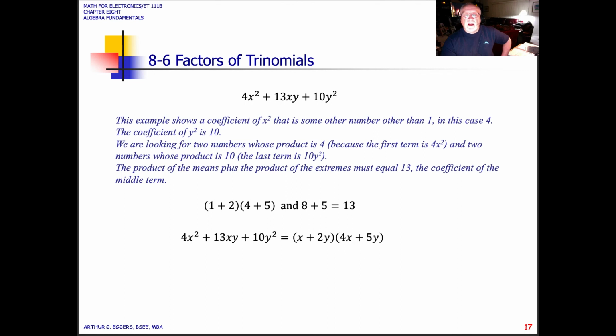When we multiply this back out, we will get 4x squared plus 13xy plus 10y squared. So again, this was done by experimentation and or inspection to determine how we could come up with our means and our extremes to equal 13 in the center term.